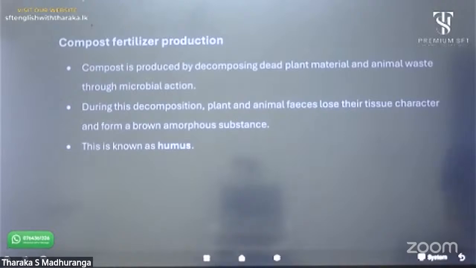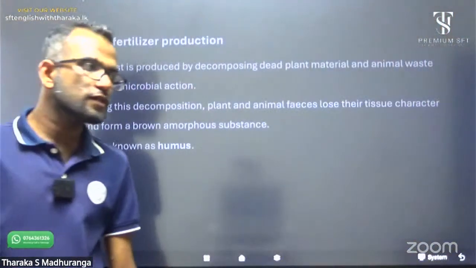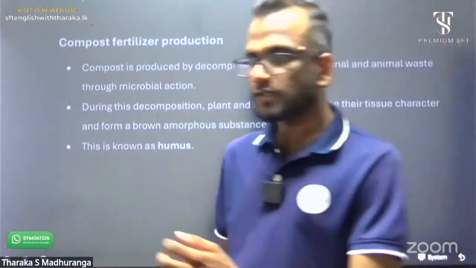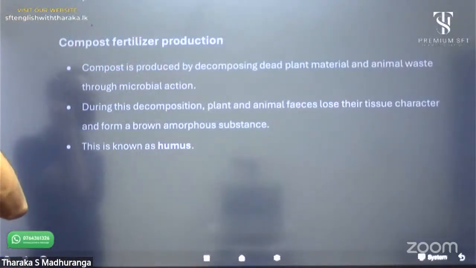Dry leaves, Gliricidia leaves, cow dung, and garden waste. Yes, garden waste and kitchen waste can be used for compost production.